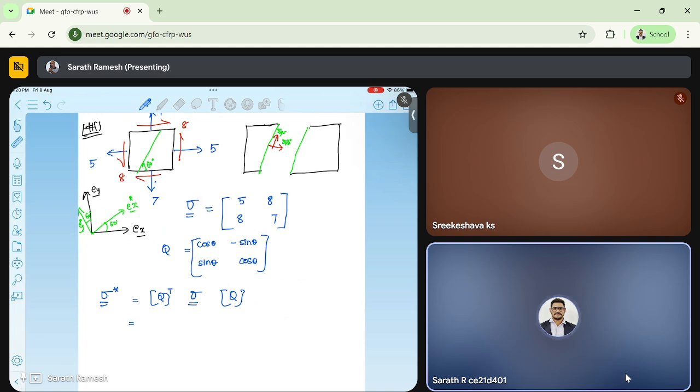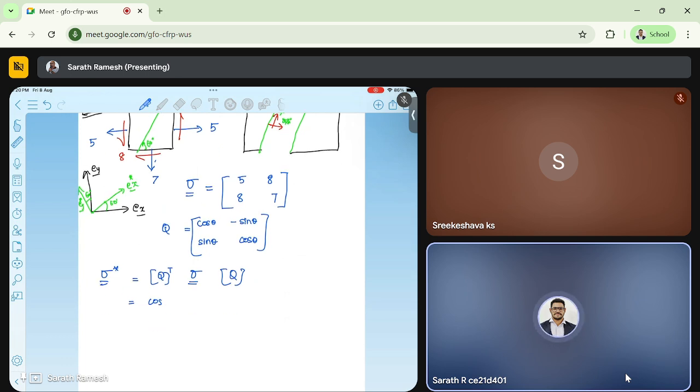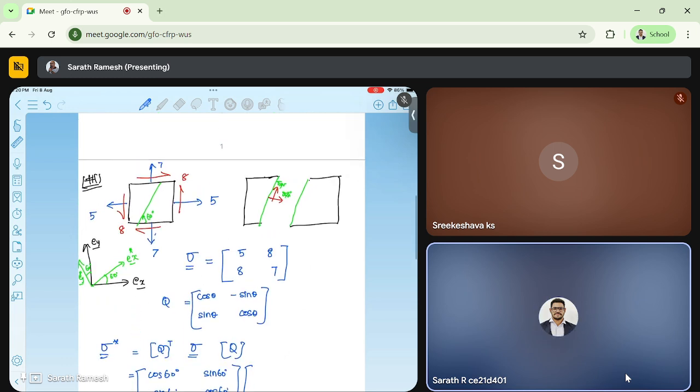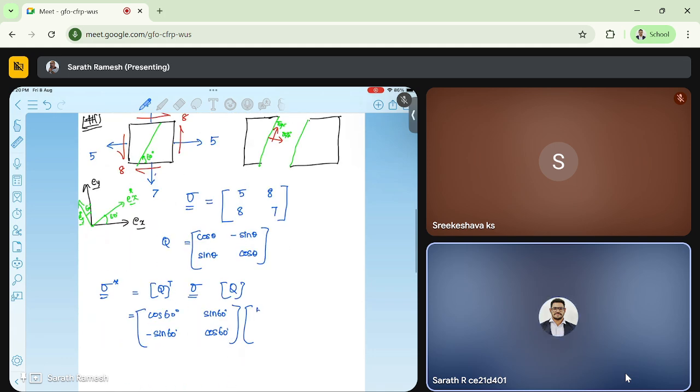So this is equal to, cos theta is 60 degree. So cos 60, I'm writing in transpose form, sine 60, minus sine 60, cos 60, times 5, 8, 8, 7, again cos 60, minus sine 60, sine 60 and cos 60.